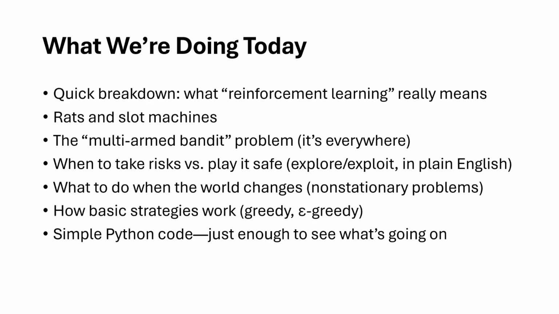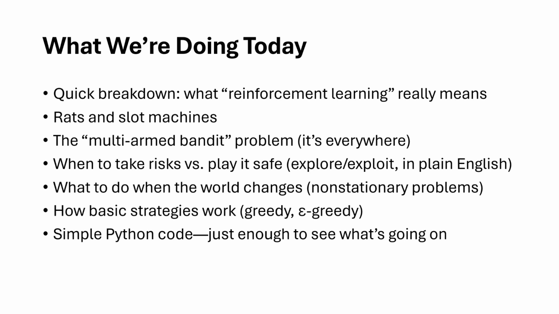So here's what we are going to do today. First, we'll break down the definition of reinforcement learning. Then we'll look at real world examples of rats and slot machines. Then we'll look at the famous multi-arm bandit problem and see how it's everywhere. Then we'll take a look at the explore-exploit dilemma and try to understand it in plain English.